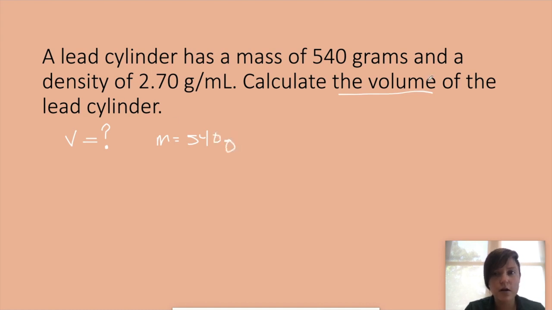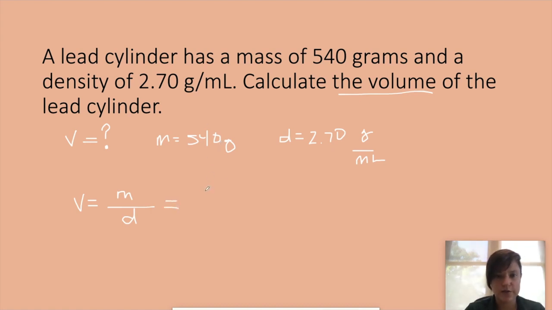And then we know that the density is equal to 2.70 grams per milliliter. So then volume is equal to mass divided by density. And then we fill this information in.